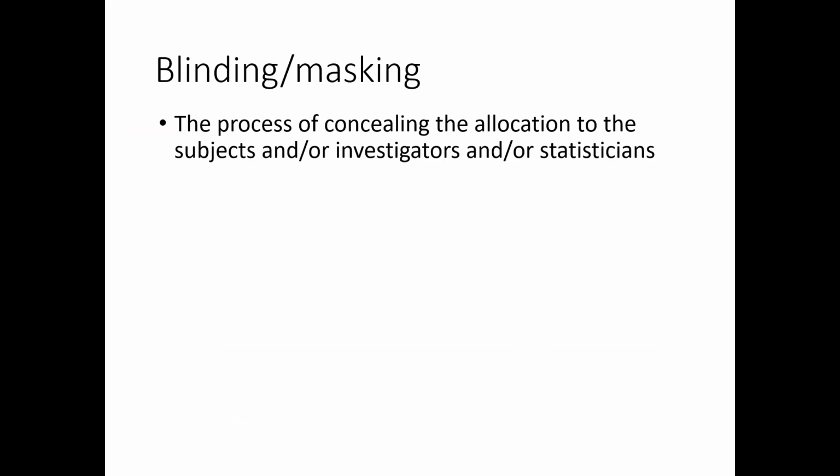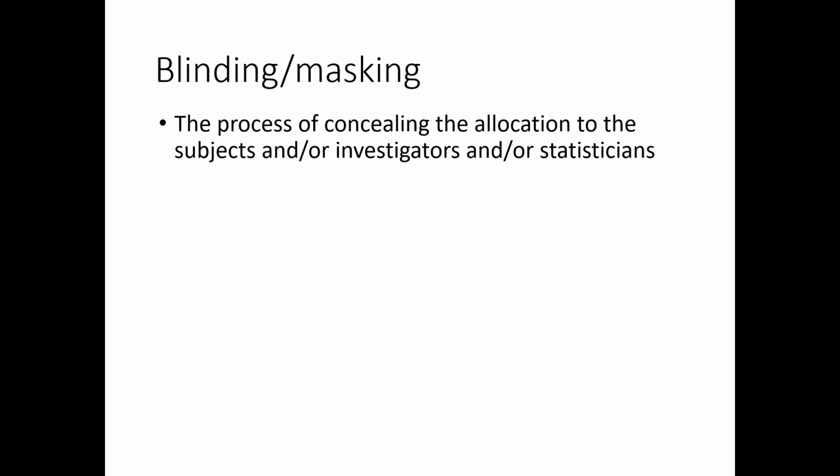Now, blinding or masking is another really key feature of RCTs, and it's not always possible, but with drugs generally it is. It's basically concealing the allocation to the investigators, to the subjects, and if you can, even to the people analyzing the data.